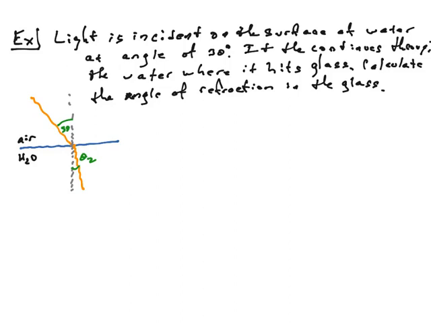However, it doesn't stop there. I'm told it keeps going through the water where all of a sudden it hits glass. So now there's a new surface. Let's make it red. Here's that. And down here is glass. And the light will go through the glass. So again, I'm going to refract.